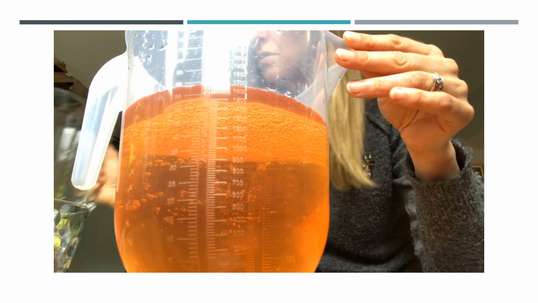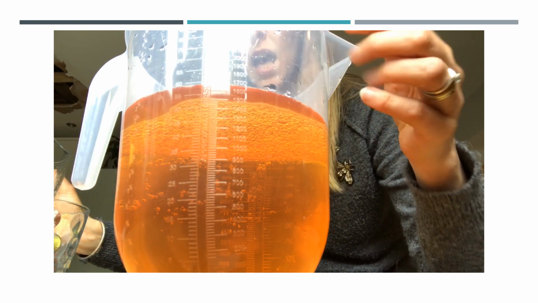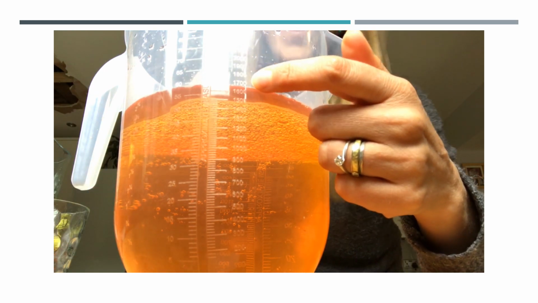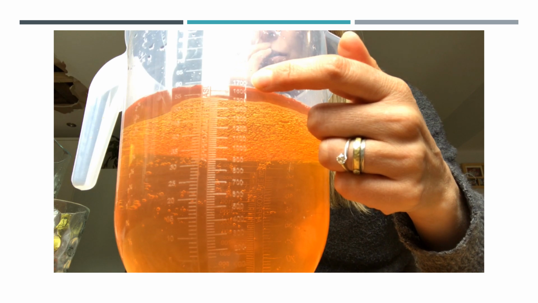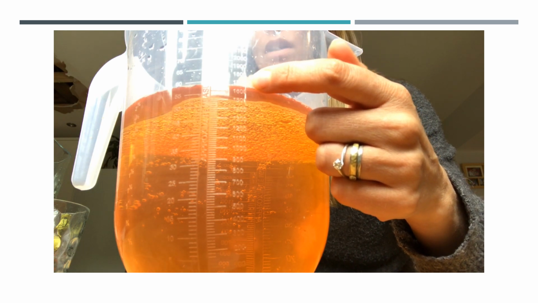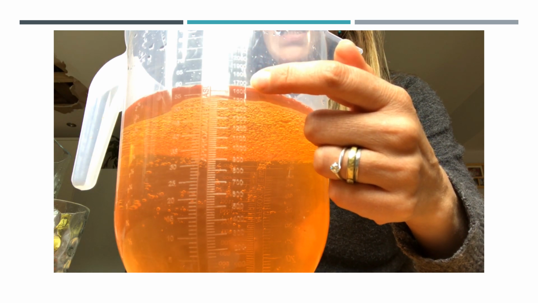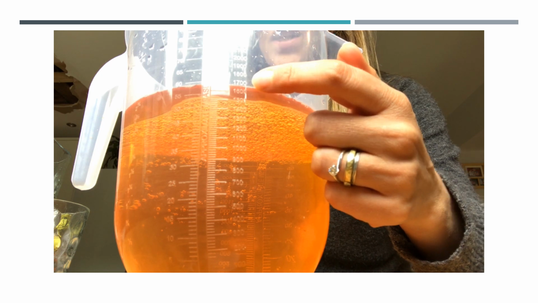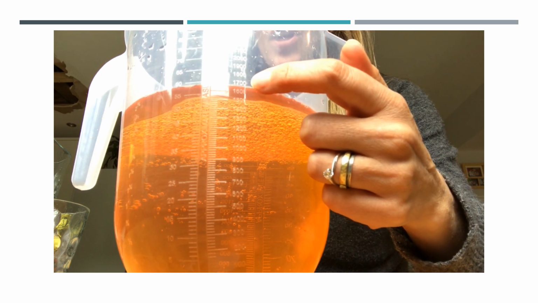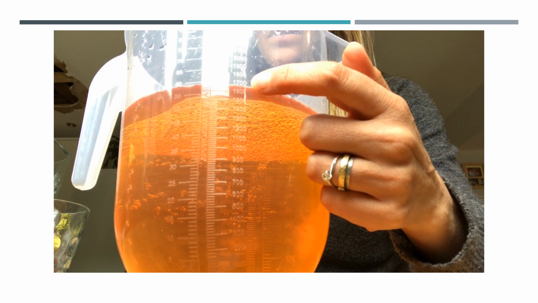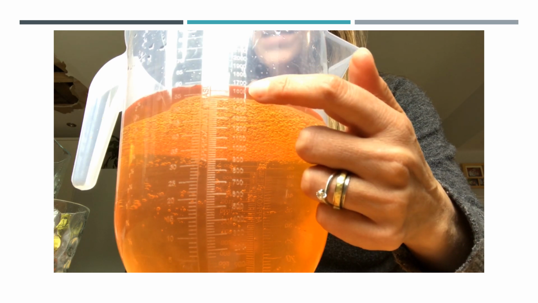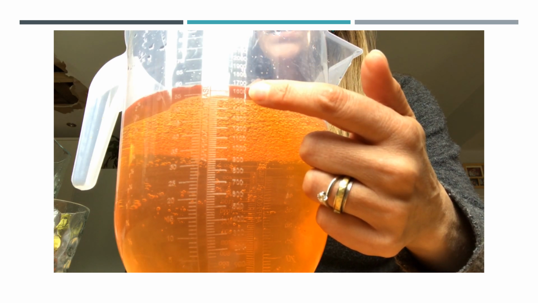Right, so this contains 1,700 millilitres. So there are 1,000 millilitres in 1 litre, so that's 1 litre and 700 millilitres. So 1 litre and 700 millilitres.